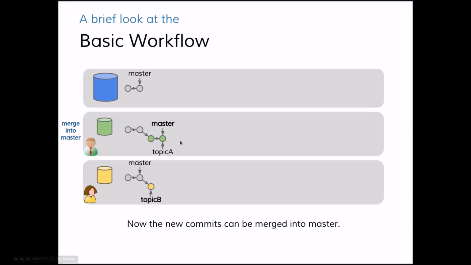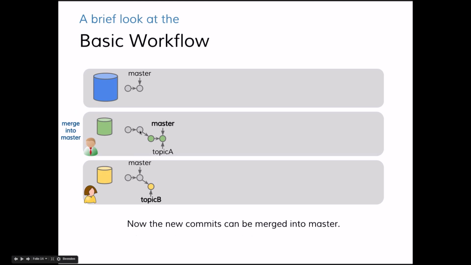In this case, this is a really easy operation, because Git recognizes that the first commit of the branch that we want to merge, which is topic A, is actually a direct successor of the last commit of the branch that we want to merge into, which is this one.